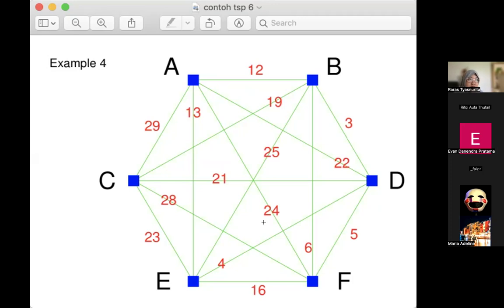Having 6, you already have 5 factorial: 5 times 4 is 20, times 3 is 60, times 2 is 120. It's already very high in terms of the number of combinations, more than 100.